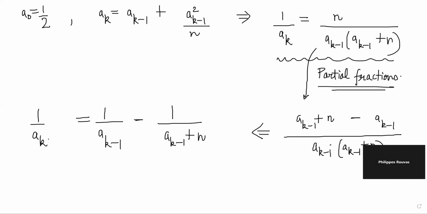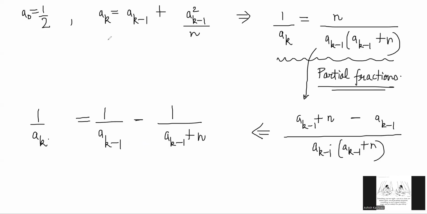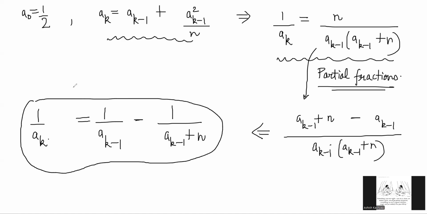Right. So that is useful to us because now I can use the concept of telescoping series and get a few results. What I will do is take this term on one side and write it like this: 1 by (A(k−1) plus n) is equal to 1 over A(k−1) minus 1 over Ak.